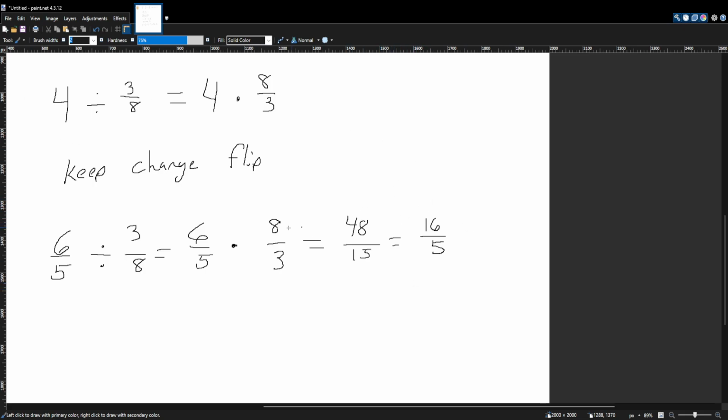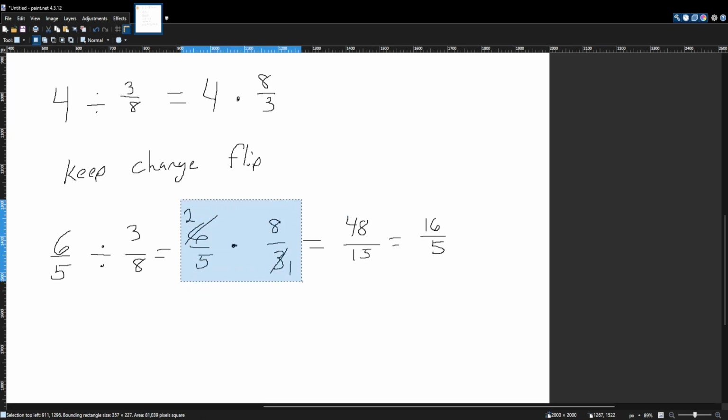And so we know from our multiplication that there must be a shared factor between the numerator values and the denominator values, which we see that this 3 here, if we divide that out, cancels with a 3 from the 6, leaving behind a factor of 2 and a factor of 1. And so 2 times 8 is 16, and 5 times 1 is 5. But you can always reduce the fractions at the end if you do not see the shared factors in the multiplication problem at the previous step.